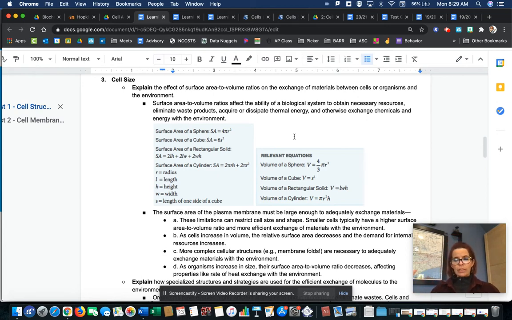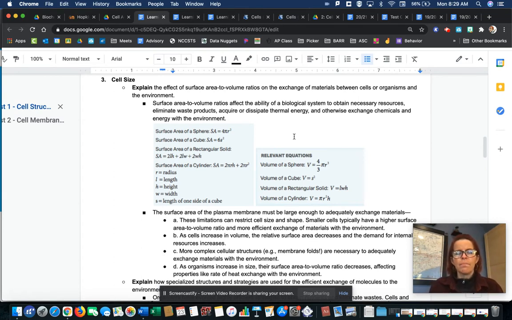So if you have a really big cell and very little surface area, and you have mitochondria making carbon dioxide, you're going to cause the internal environment of the cell to become acidic. That's a problem. So you need a small cell with a small volume that can quickly get rid of that carbon dioxide so that the cell itself, the pH does not begin to diminish.